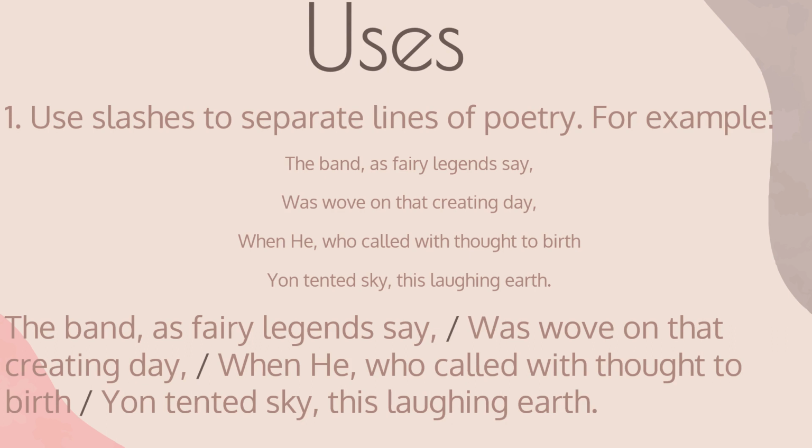We usually write poetry in separate lines, but when we want to quote a piece of poetry in a sentence, we put a slash in between to indicate that these were separate lines. You don't have to learn that.